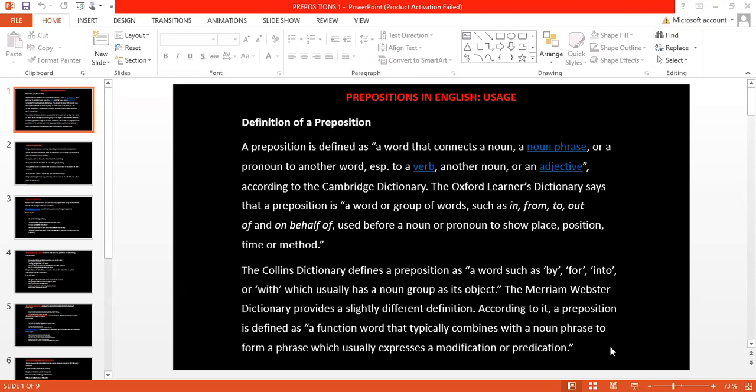All right, for you to be able to speak and use the standard British English as it should be used, you must have a workable understanding of what a preposition is.